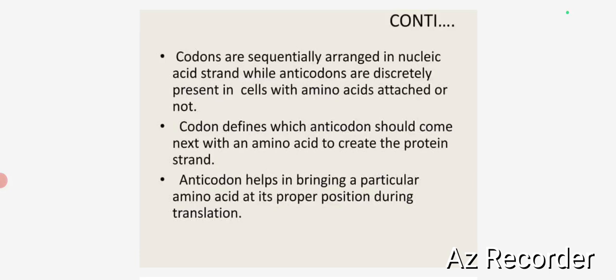In this way, protein synthesis takes place. The anticodon helps in bringing a particular amino acid to its proper position during the translation process. Codon and anticodon nucleotide bases are complementary to each other. Only then will protein synthesis go on sequentially.